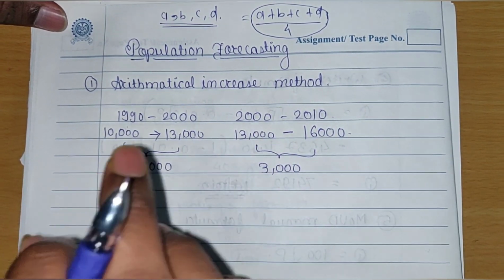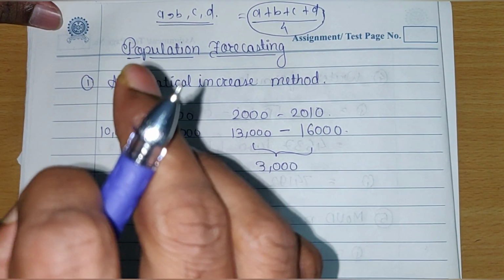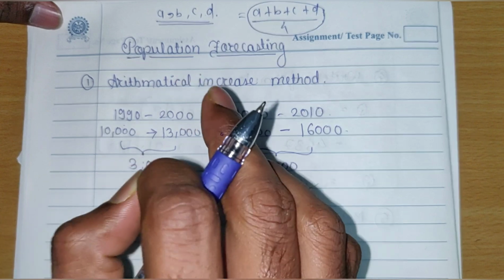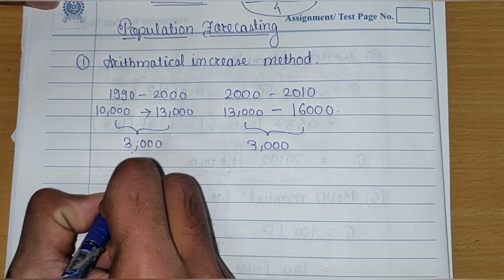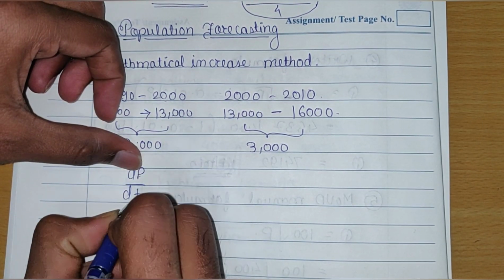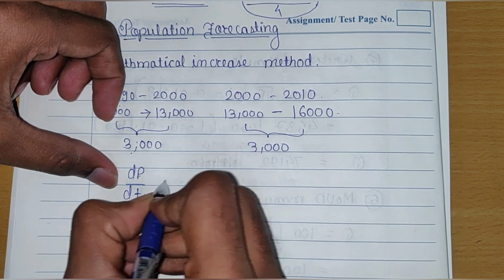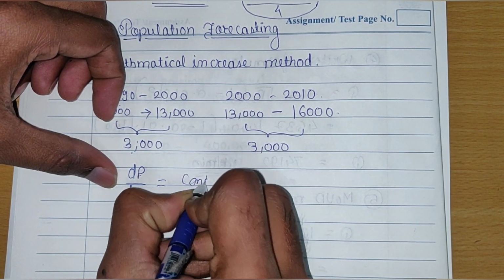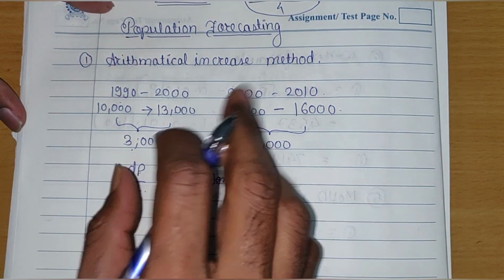This method is applicable only when the increase in population from decade to decade is constant. That means suppose the rate of change of population dP by dt, where dP is the change in population and dt is the time change, is constant from decade to decade. In that case you can use this method only.